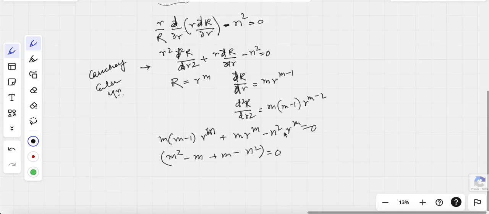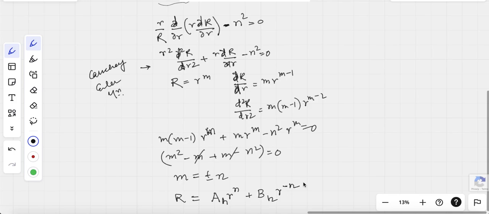We take r to the power of m common and remove this, so we have m equals plus or minus n. So we have R is equal to a1 r to the power of n plus bn r to the power of minus n.